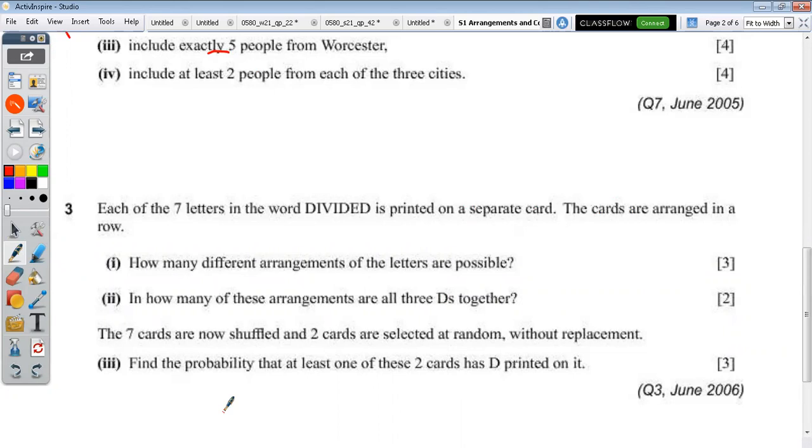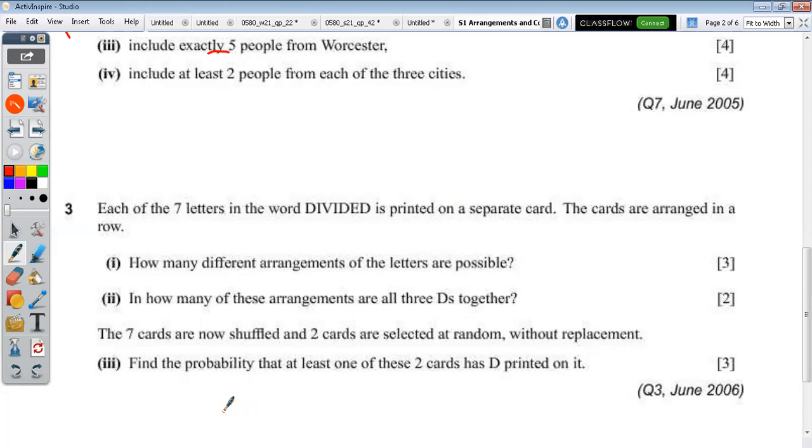Okay, so we've got here DIVIDED. There's 1, 2, 3, 4, 5, 6, 7 letters. But there's 3 D's and 2 I's. So won't we say how many D's did we say?